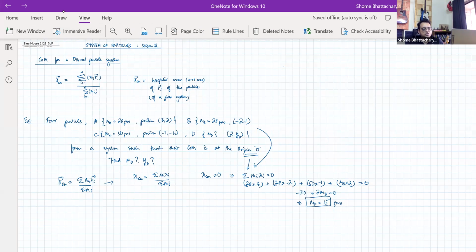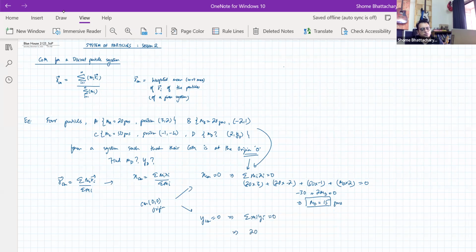So now next thing is y coordinate of the center of mass is also 0 because here the center of mass should be at 0, 0 or origin. So summation my should be 0.